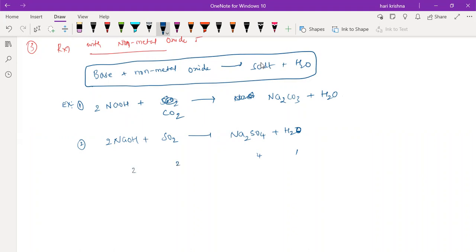How to balance? If you take SO3, sulfur trioxide, now it is balanced, right? Sulfur dioxide will be there, sulfur trioxide will be there. Yes, sulfur trioxide balances it.